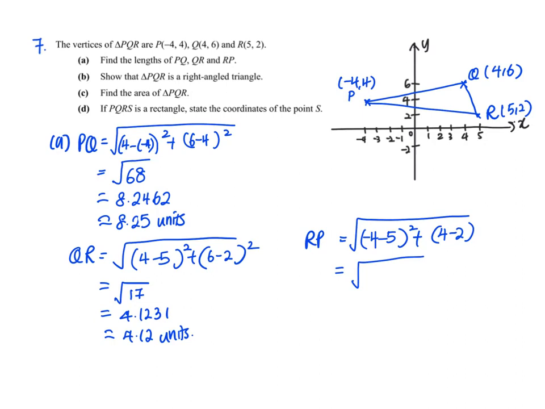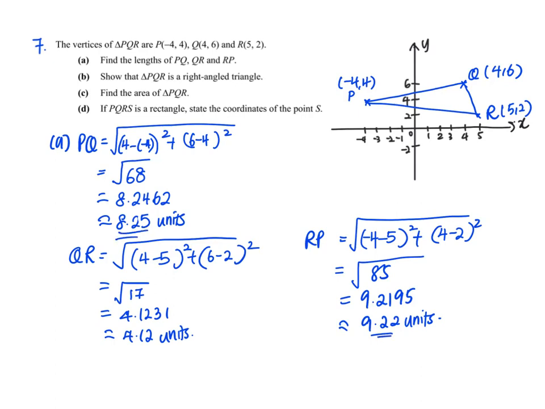So negative 4 minus 5 whole thing square plus 4 minus 2 whole thing square. And that gives me square root of 85. That means this is actually the longest length. Square root of 85 will give me 9.2195, rounding it off, 9.22 units.